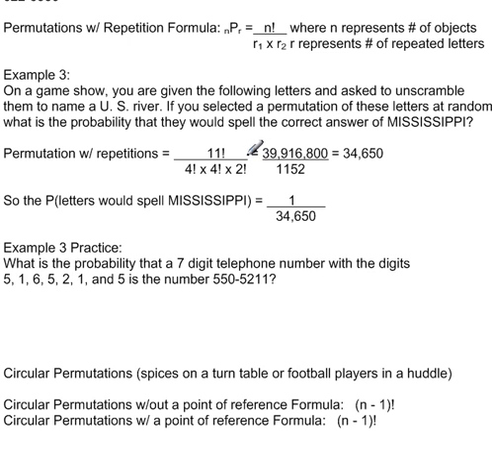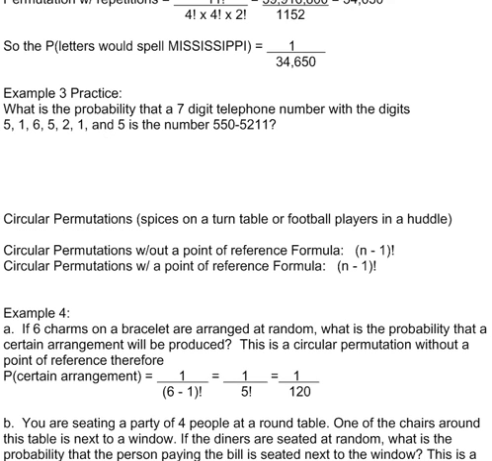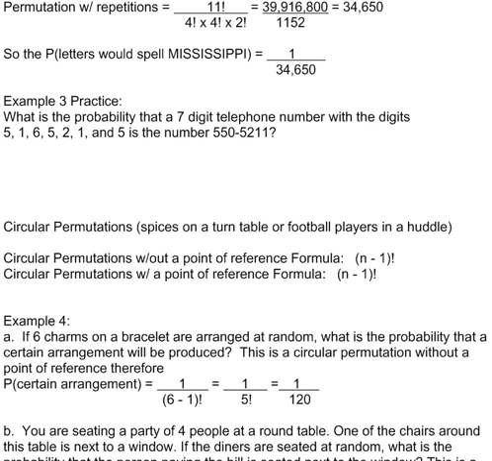So if you multiply 11 factorial, you write that down, and you multiply the bottom factorials, and you write that down, and then when you divide it, you get 34,650. So of course the probability that the letters are going to spell Mississippi is 1 out of 34,650.